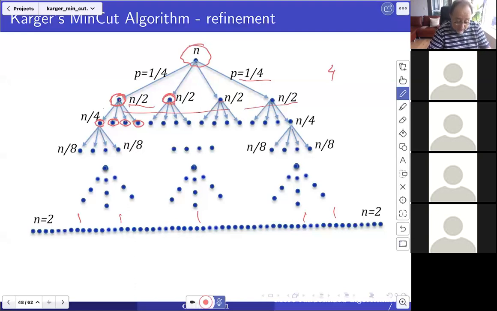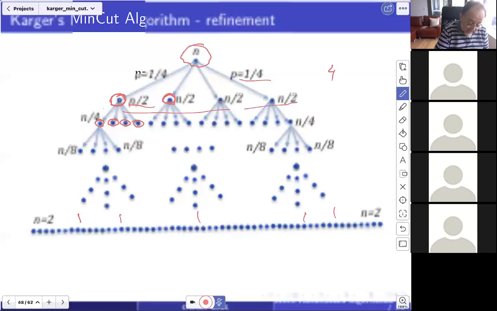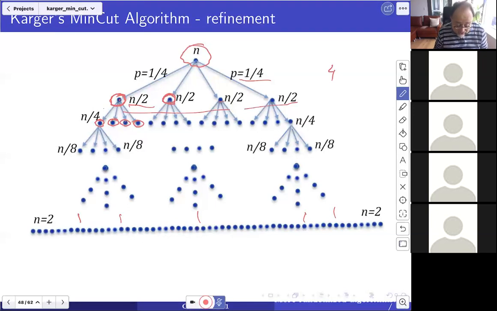And then you hope that with very high probability, at least one of the branches will result in a correct edge with the correct weight, that there will be at least one branch that will contain no errors whatsoever. So this is, let's go back and look at the algorithm.